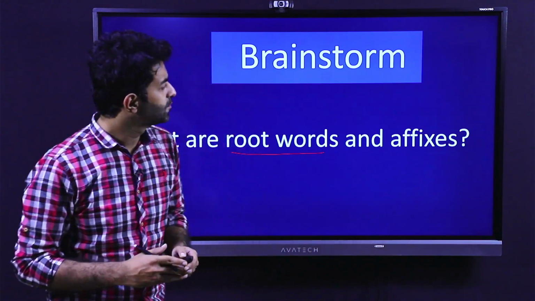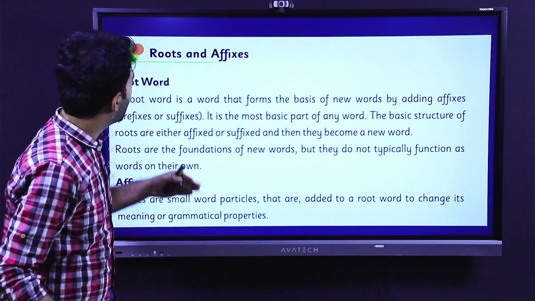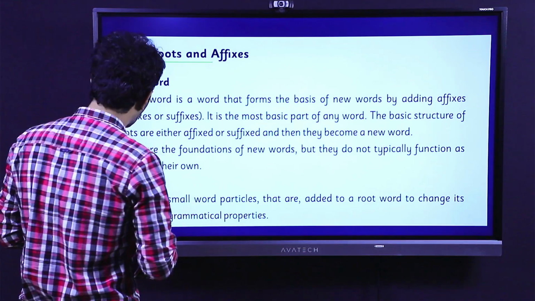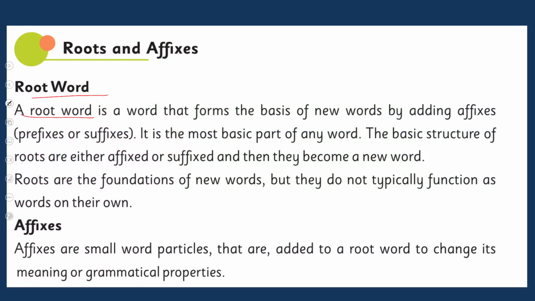All right, students. Now let's talk about root words. What are root words? A root word is a word that forms the basis of new words. It means that the root word is the most basic word, and using that word we can make new words. It works as a base. So it means that a root word does not change on its own, but rather we add affixes.